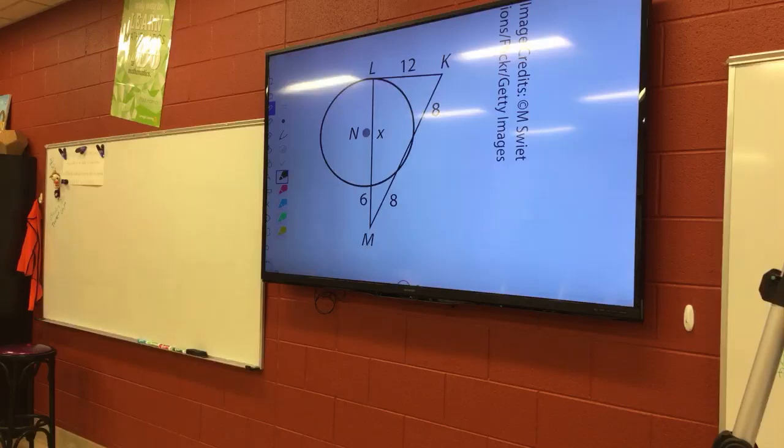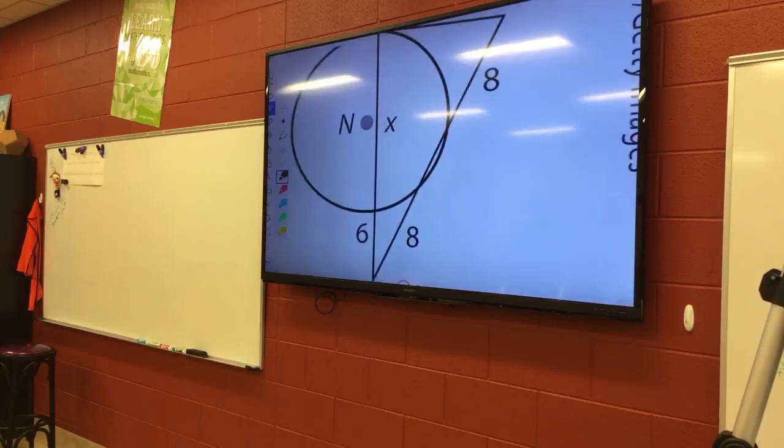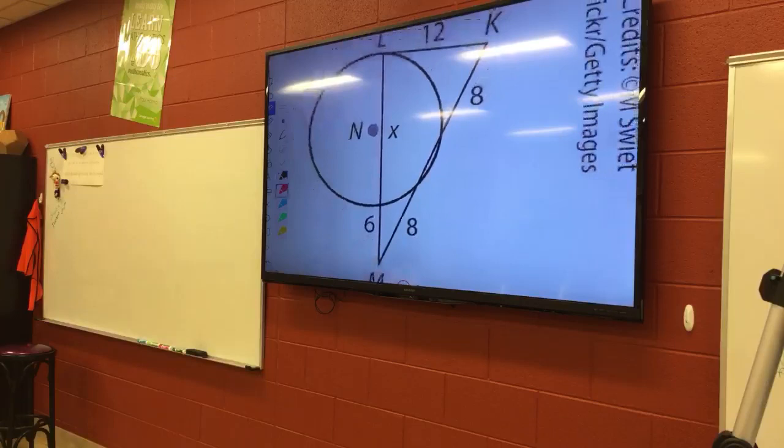The problem is in 21 you have to label this y and find y. The way you can do that is, you know that this is a right triangle, right? So one side is 12.